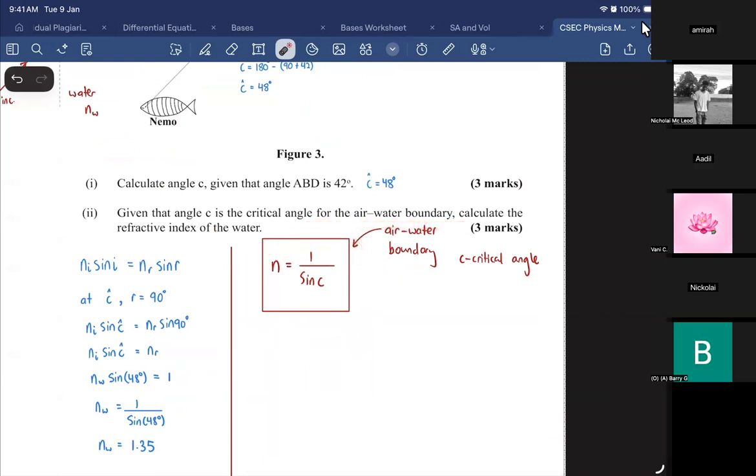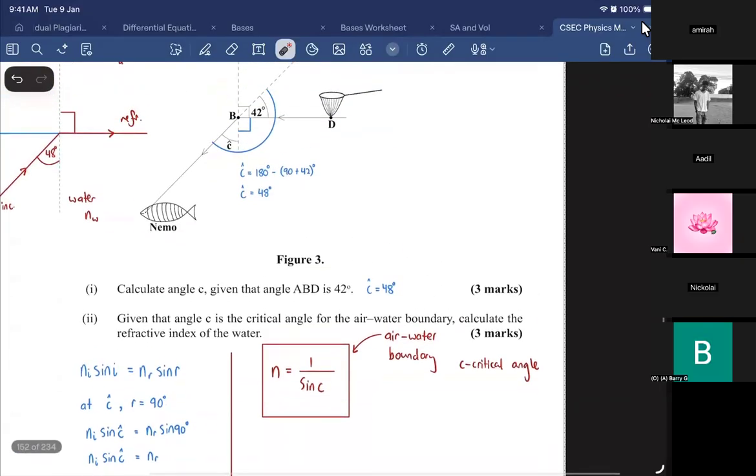So Amira, C is just the critical angle. What did they say the critical angle was? In part 1, what did we find? The critical angle.